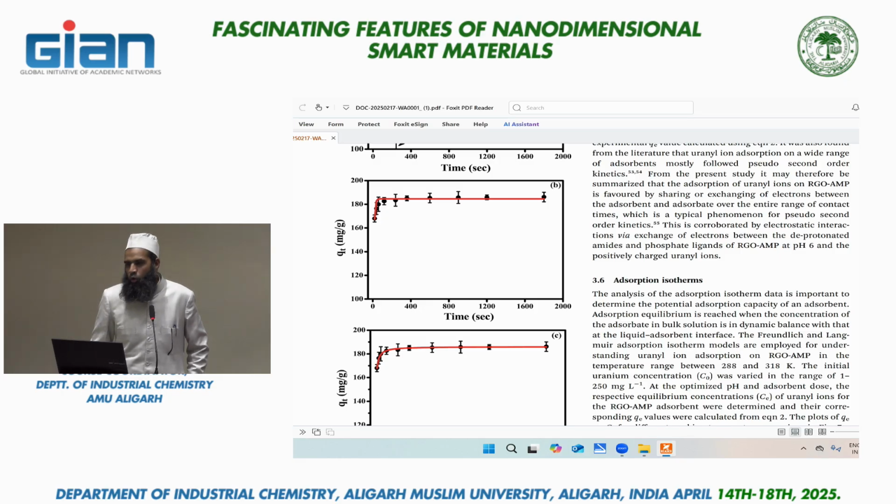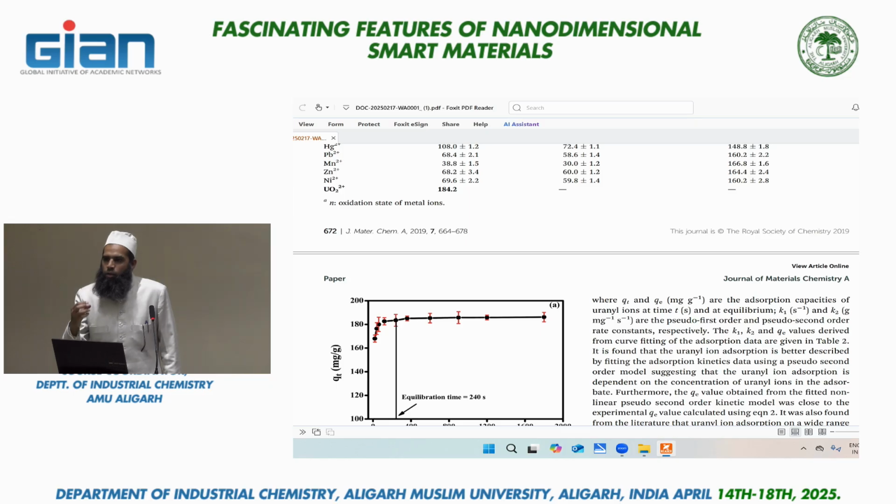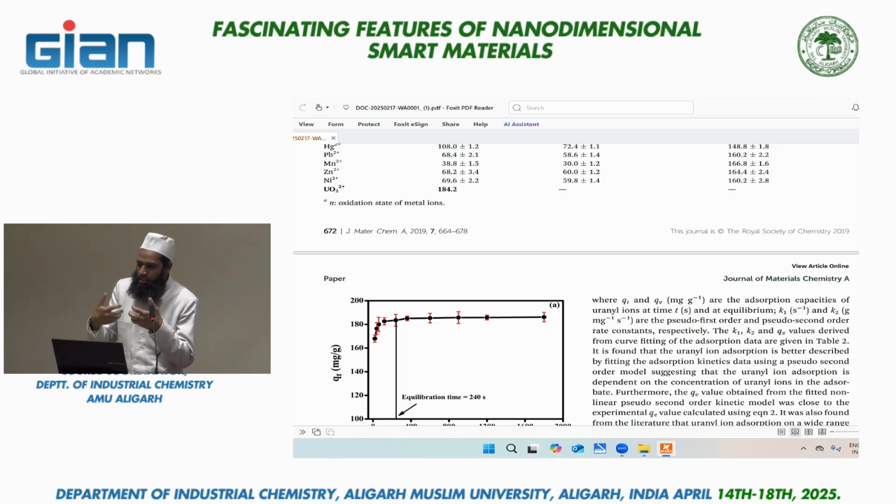Very good question, because some elements have a tendency to bind particular other elements. For example, in geological terms, if we have iron, it is very probable that you find arsenic there, because arsenic has a very strong bonding with iron. Similarly, uranium has very strong bonding with phosphates and nitrogen.